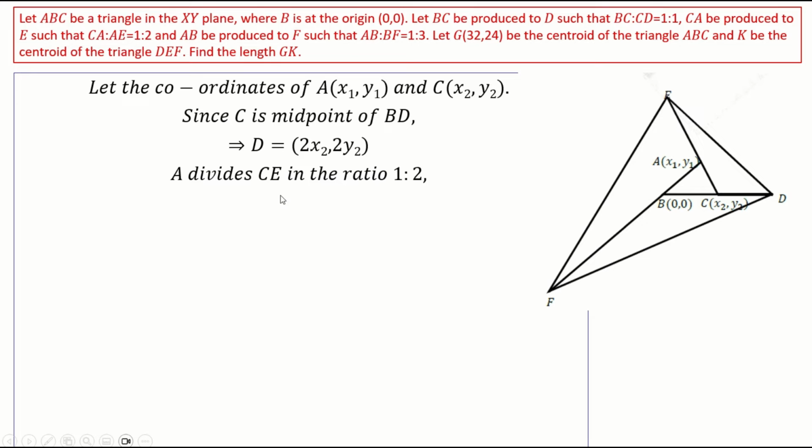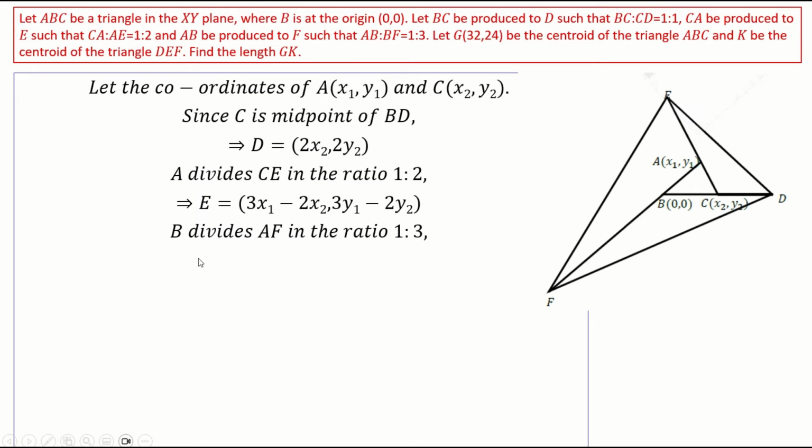So if A is x1, y1 and C is x2, y2, then we can easily find the E coordinates, which are 3x1 minus 2x2, comma 3y1 minus 2y2. B divides AF into a 1:3 ratio. So we can easily find the F coordinates, which are minus 3x1, minus 3y1. Once you know these three values, we know the centroid of DEF, which is the sum of these numbers.